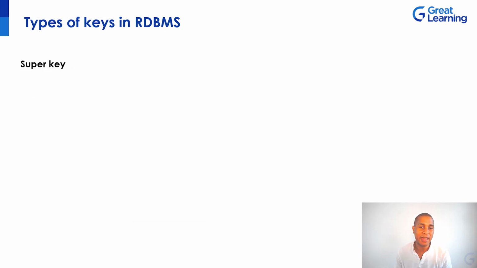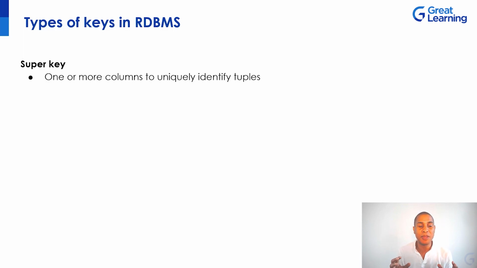Let's talk about the nature of a super key, which is kind of going to follow the same kind of format as that primary key. So let's delve into it. This can be one column or more that uniquely identify tuples. And when we mean tuples, this is going to be 2 values that are unique.